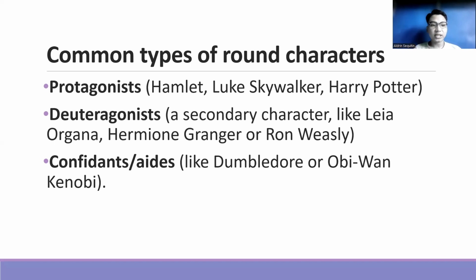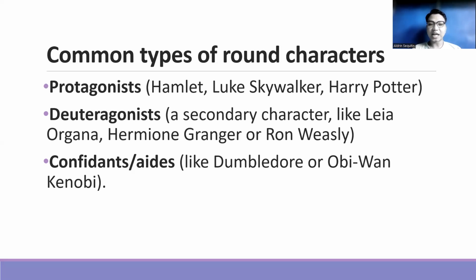We also have confidants or aides. Confidants are very trusted persons. So it's like your best friend wherein you tell your secrets. Those are the functions or the roles of confidants. Examples of this kind of character are Dumbledore or Obi-Wan Kenobi. So again, these kinds of characters experience change all throughout the story.